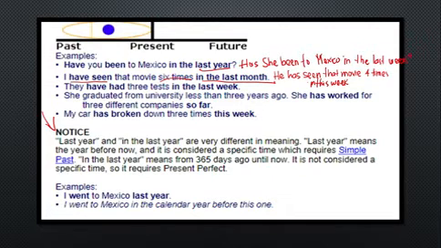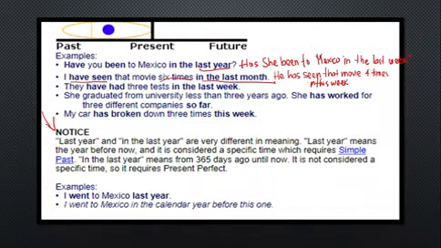Y eso no es considerado como un tiempo específico, por eso sí se requiere el presente perfecto cuando tú dices in the last year y no cuando dices last year, ¿ok? Por ejemplo, yo puedo decir, pues en el año pasado, o sea, en algún momento del año pasado yo fui, puede ser, no sé, del 31 de diciembre, ¿verdad?